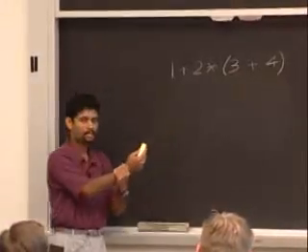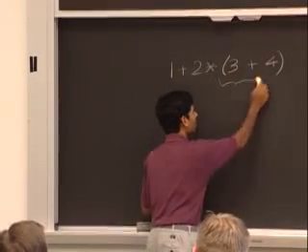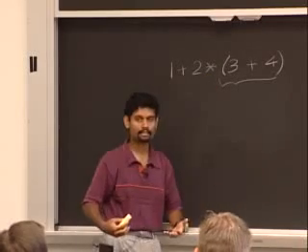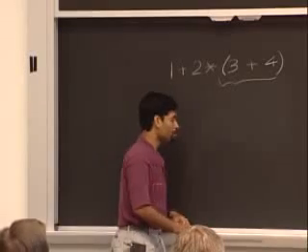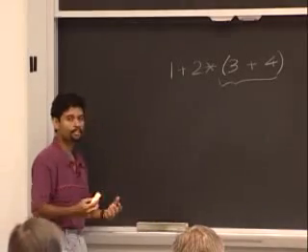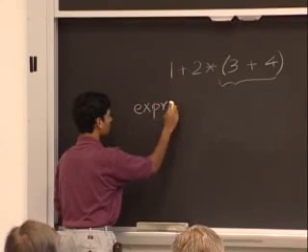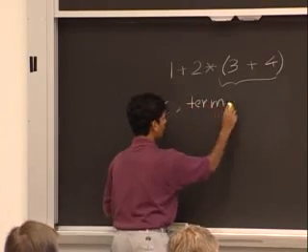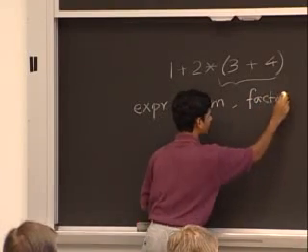The idea behind parsing this is you want parentheses to bind very tightly. You want star to bind less tightly than parentheses, and plus to bind least tightly. So we're going to have three non-terminals: expression, term, and factor.